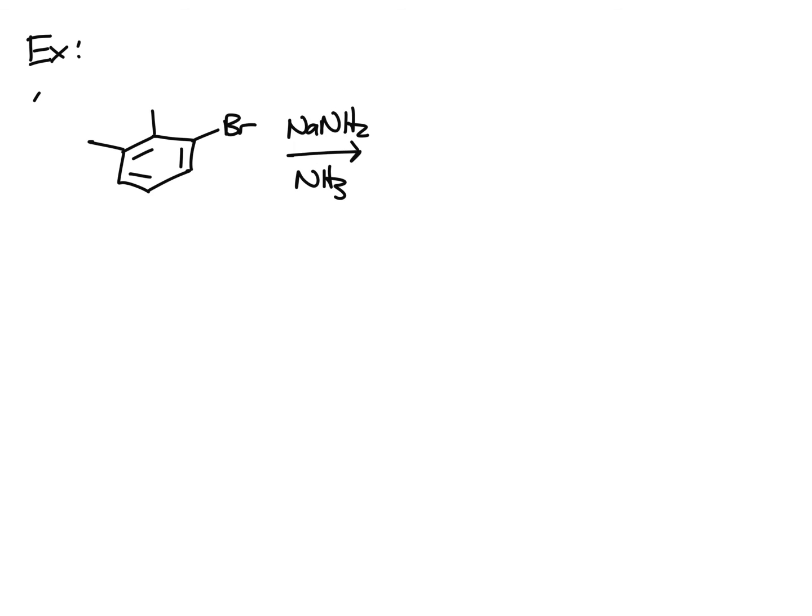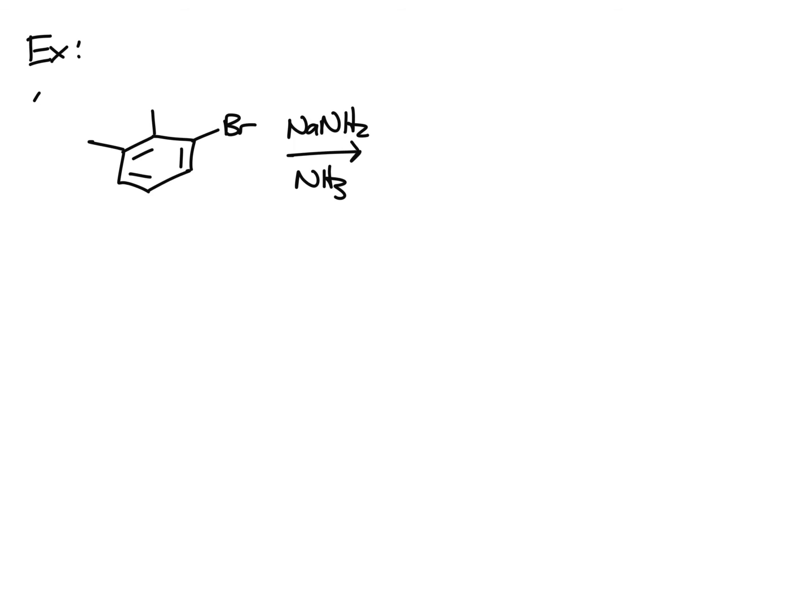Let's take a look at an example using benzyne as an intermediate. And we're going to work with a bromobenzene that is tri-substituted. And we'll react this. We'll use sodium amide instead of potassium amide this time, and ammonia.